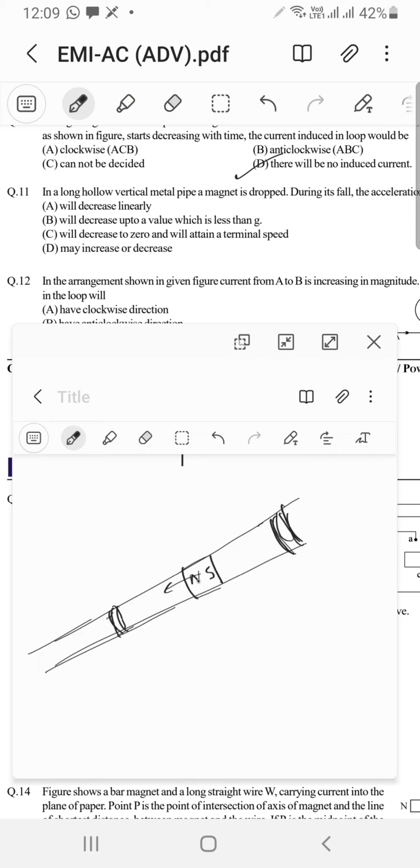It's a south pole over there, flux. Wait a second, I don't know. Here the flux was okay, in this case the south pole is nearer, so the flux is negative.